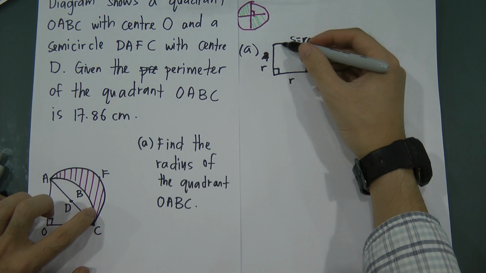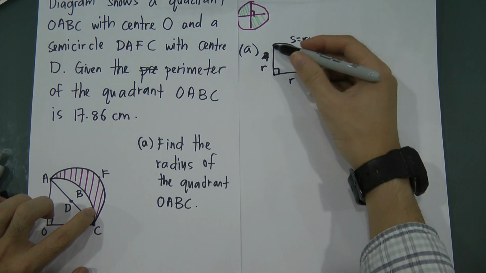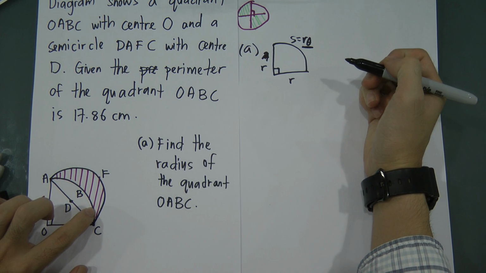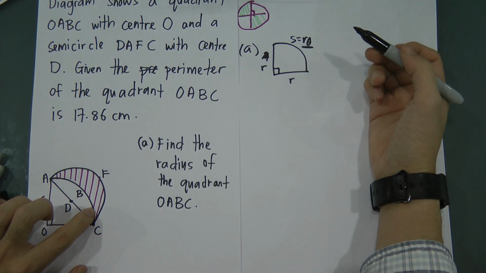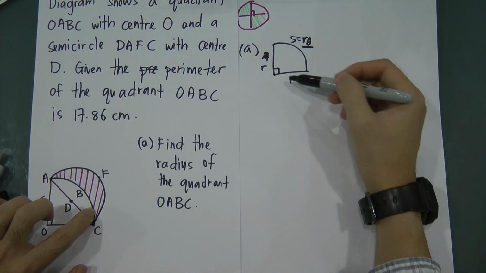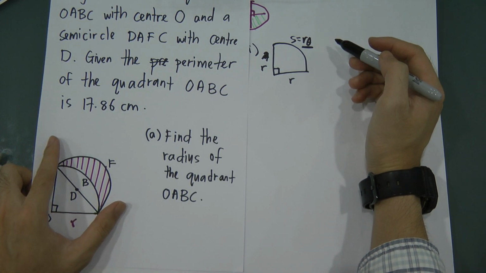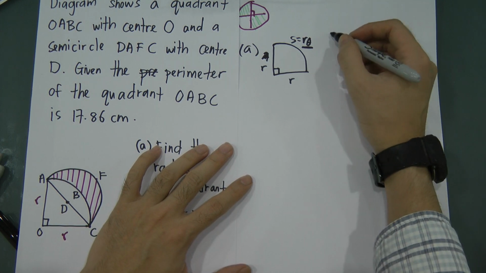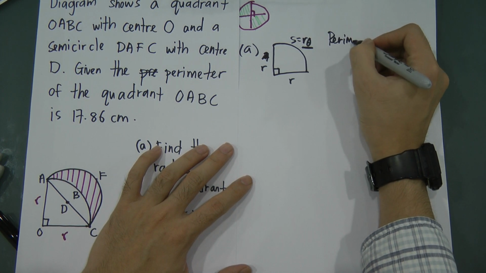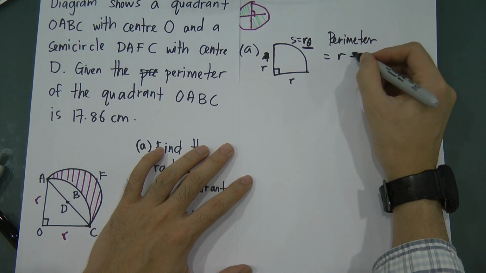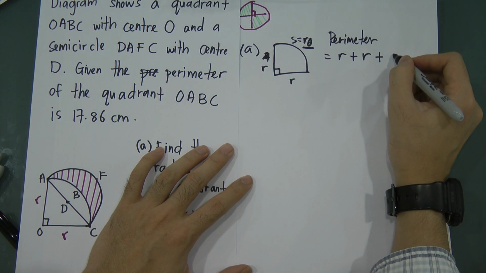Correct or not? This one actually is s, and we just learned the formula is r theta. Therefore, from here we know that perimeter equals r plus r plus r theta equals 17.86.